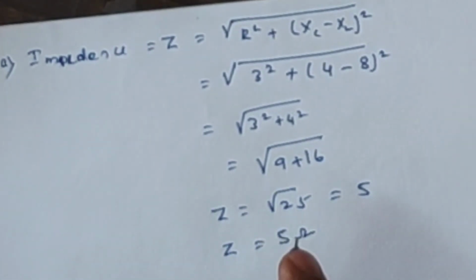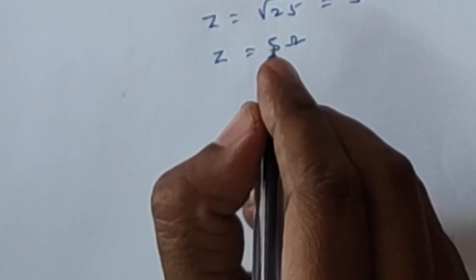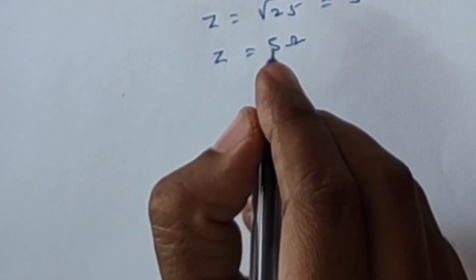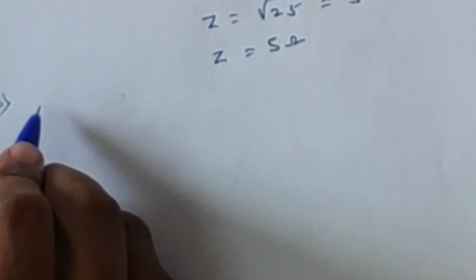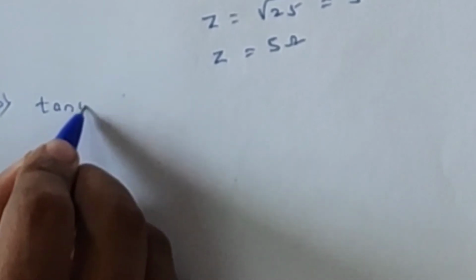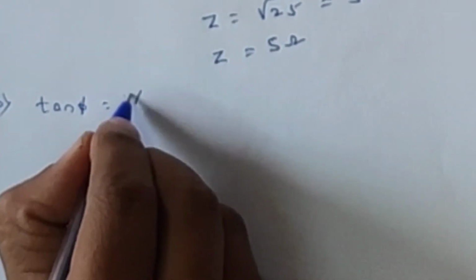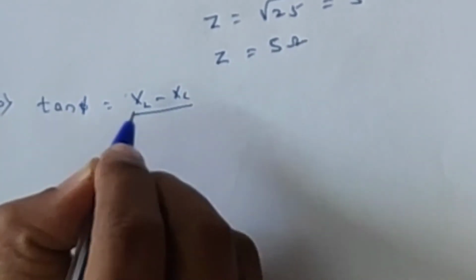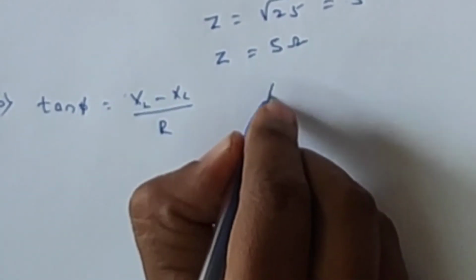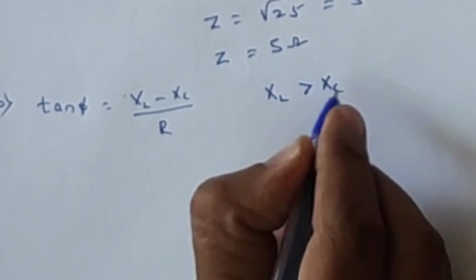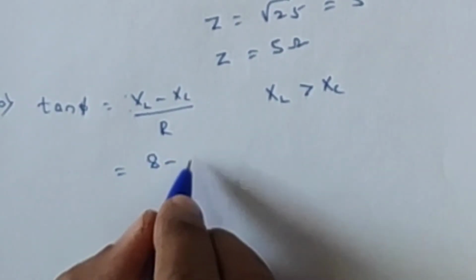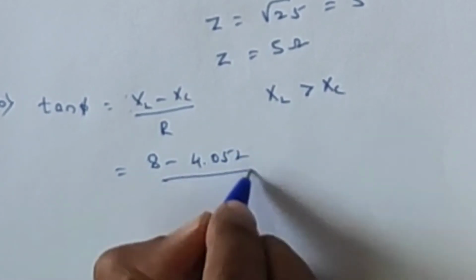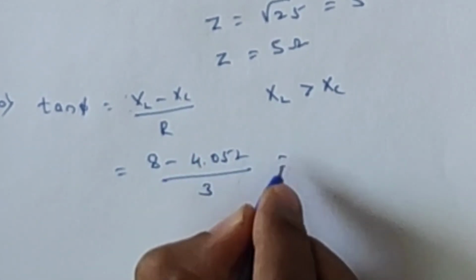So next, B, it is the phase difference between the voltage across the source and the current. Phase difference means phi, tan phi equal to XL minus XC divided by R. Here XL is greater than XC, so we take XL minus XC, that is 8 minus 4.052 divided by R, R is 3.